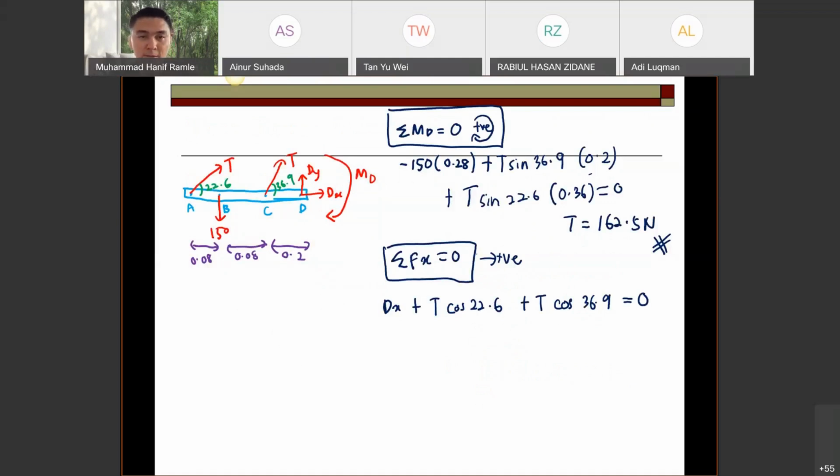Please check. If wrong, please tell me. The value of T that you got in the beginning, you can substitute into this equation, and you will get dx straightforwardly.